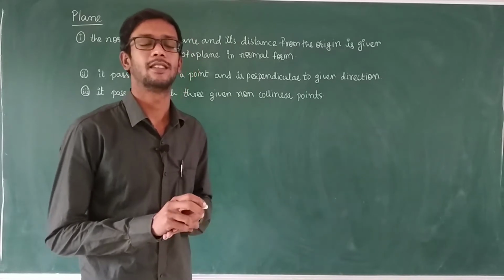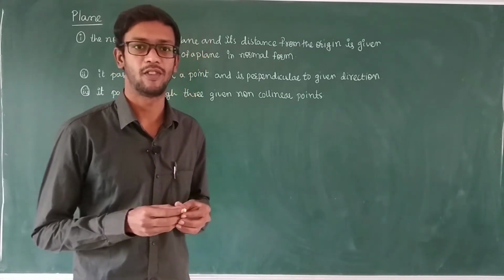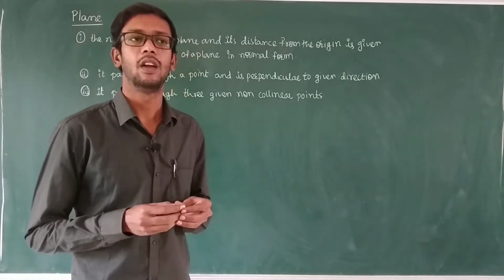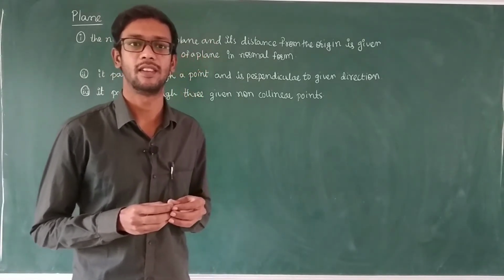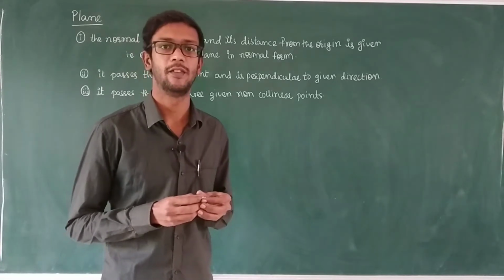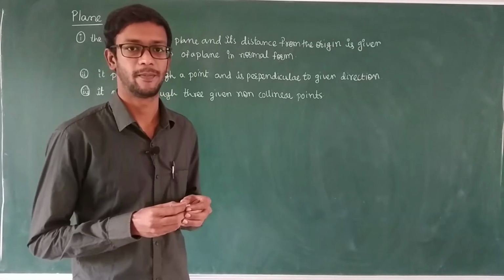In the previous class, we discussed chapter 3D geometry, three-dimensional geometry. In that, we started with direction cosines and direction ratios. Next, after the first exercise, we discussed the line equation in space.